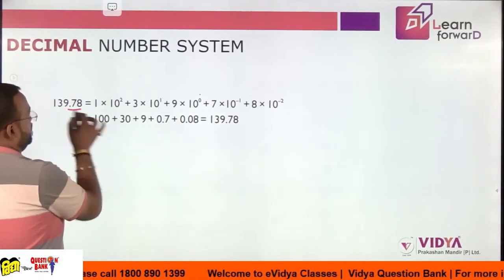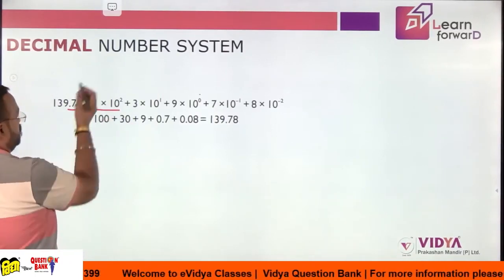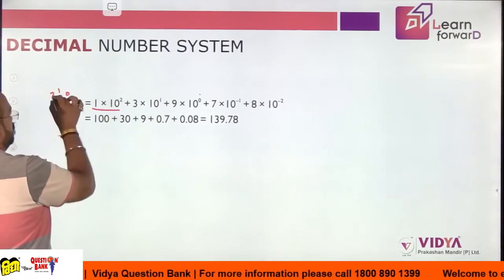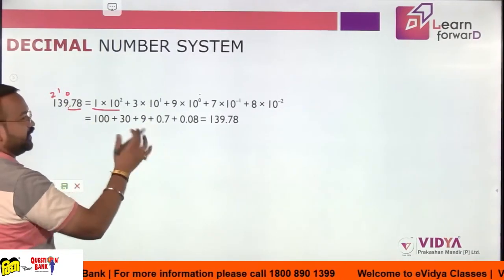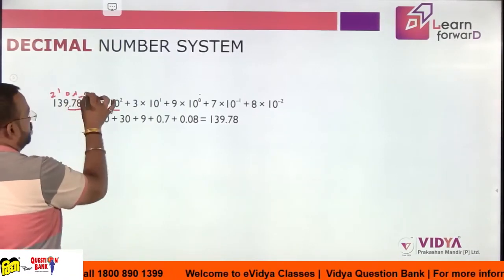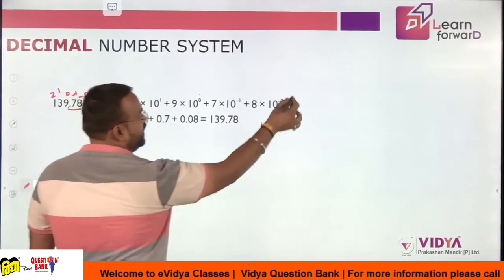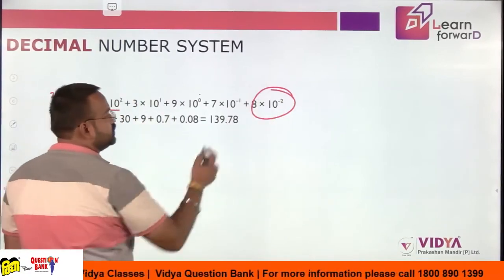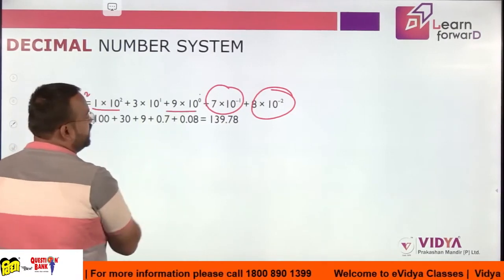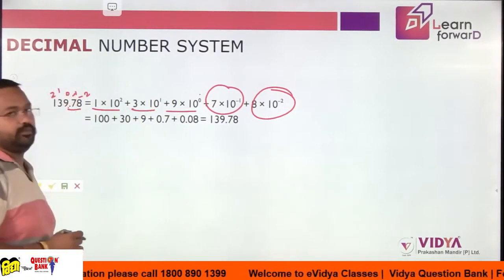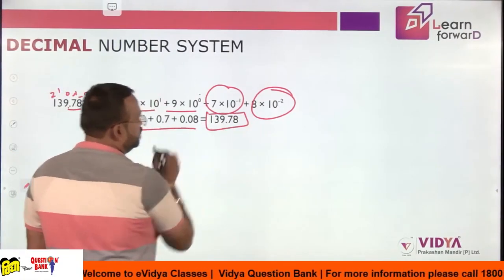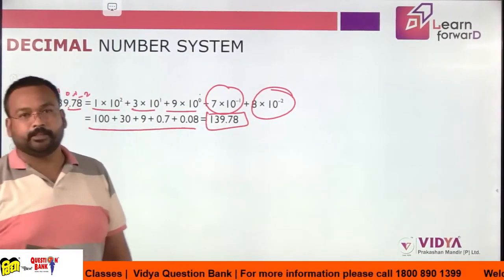So here the positions would be 0, 1, 2, and after the decimal point it would decrease: -1, -2. So we have multiplied 8 into 10 to the power -2, 7 with 10 to the power -1, 9 with 10 to the power 0, and 3 with 10 to the power 1. And when we sum up all these numbers, we get this number.